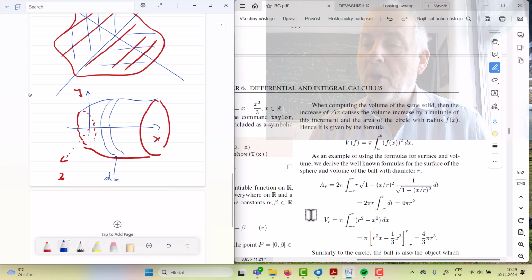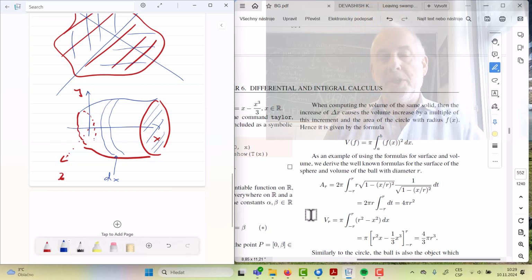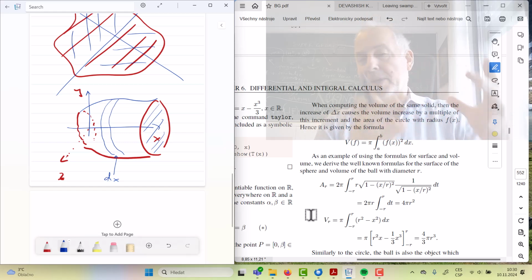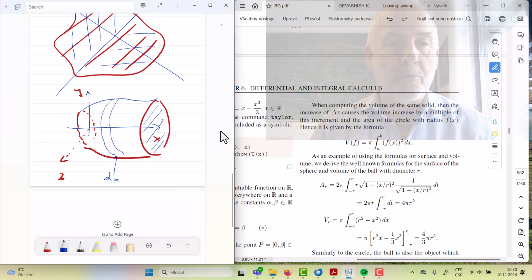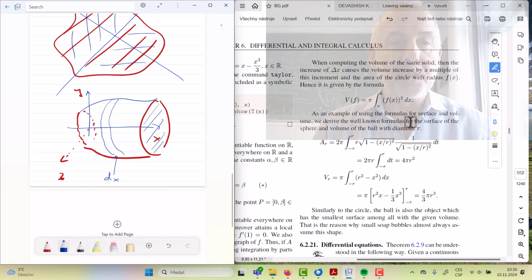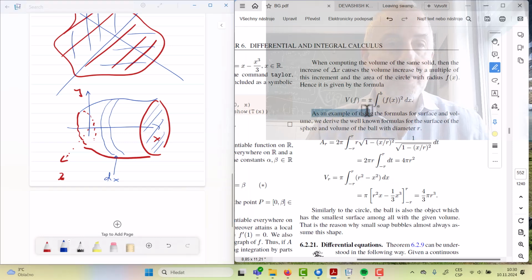If we compute the volume, then it corresponds to the area of the circle, and we know how big the circle is. So this is the formula which you can read here. So this is of course the formula for the volume, because you see it's πr squared.